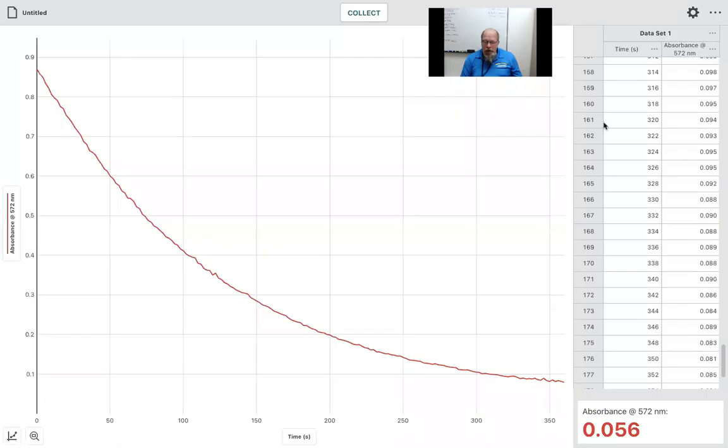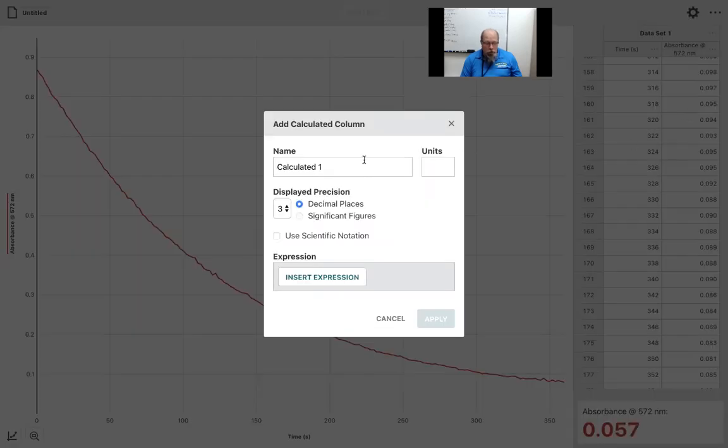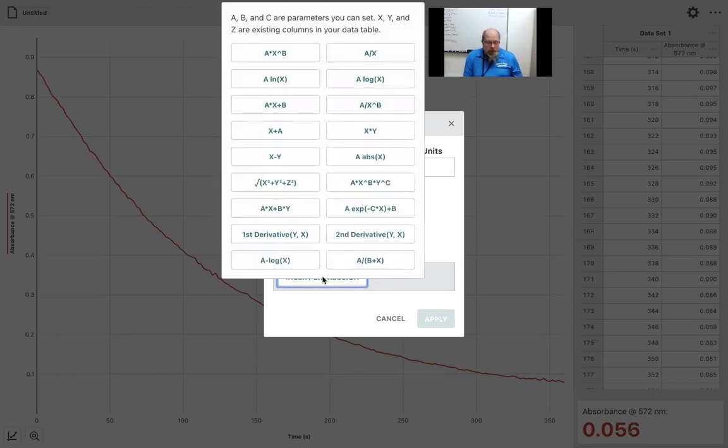You would do the same thing where you go back and look at this value, but instead of using the natural log, you want to do 1 over the absorbance. So I'm putting that in as the title for the y-axis, so I know what I'm going to be working with. And then here we have to find something where the absorbance is in the denominator.